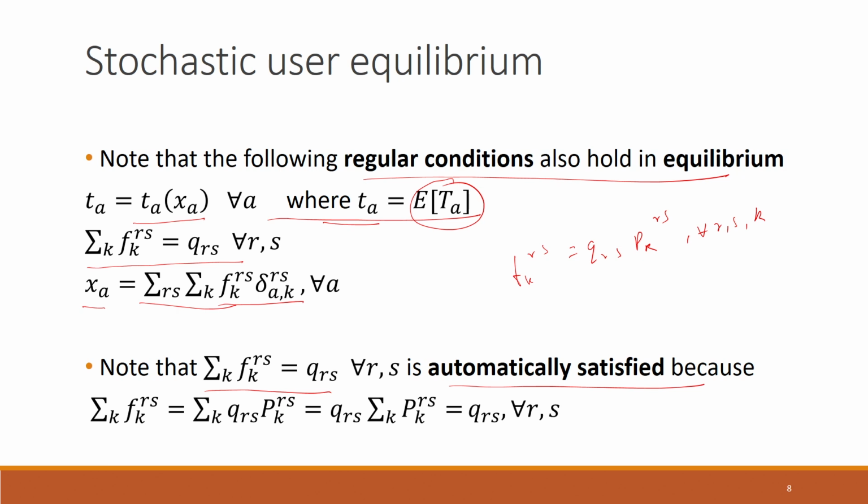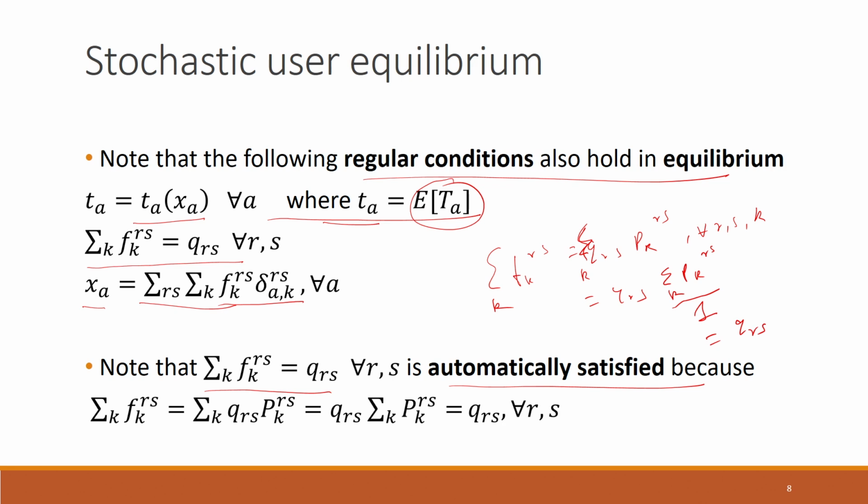When we put the summation on both sides across all the paths K, you can take QRS outside and then we get the summation of PKRS across all paths K. This summation of PKRS is equal to 1, so this will turn out to be QRS, because the sum of the probabilities across all of these paths between any origin destination pair will be equal to 1.